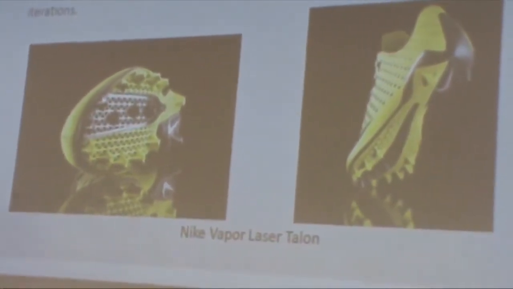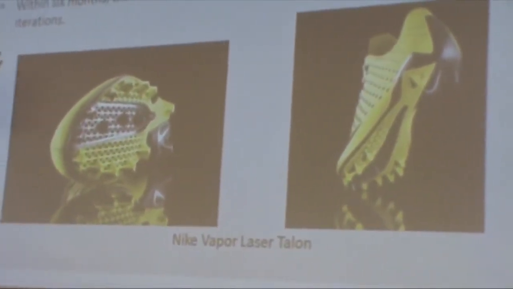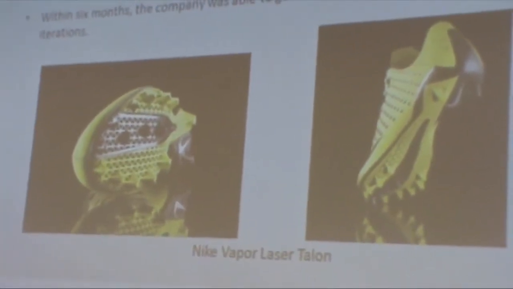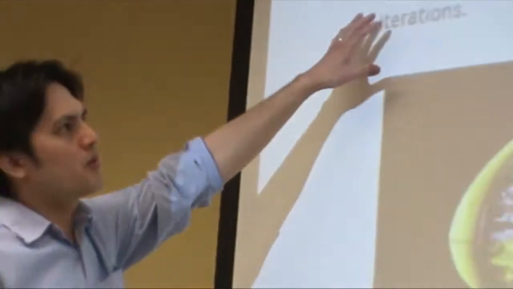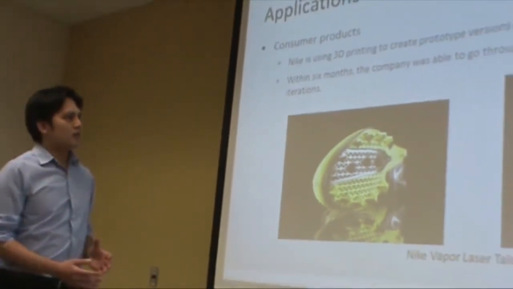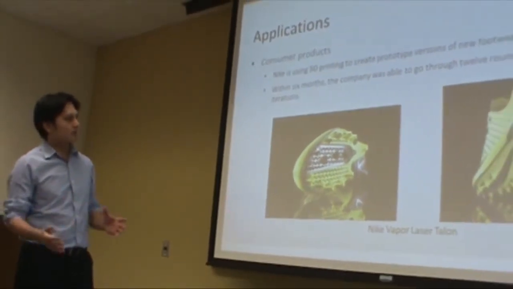The company claimed that within 6 months, they can iterate their prototype about 12 times. That's a lot of improvement compared to the past, when they probably had just 1 month for one iteration. So this is so much improvement, and the products can be developed even faster than normal.